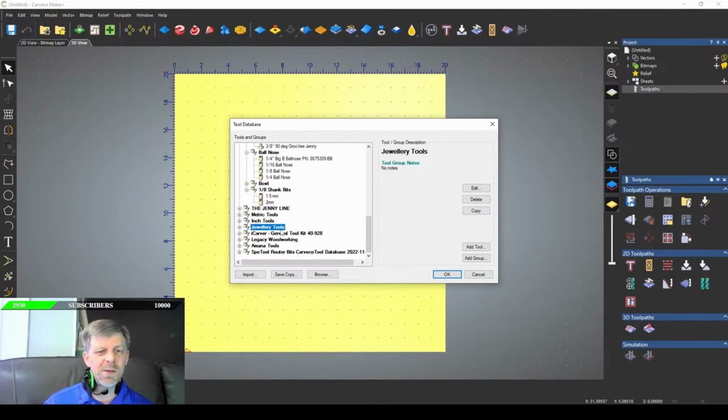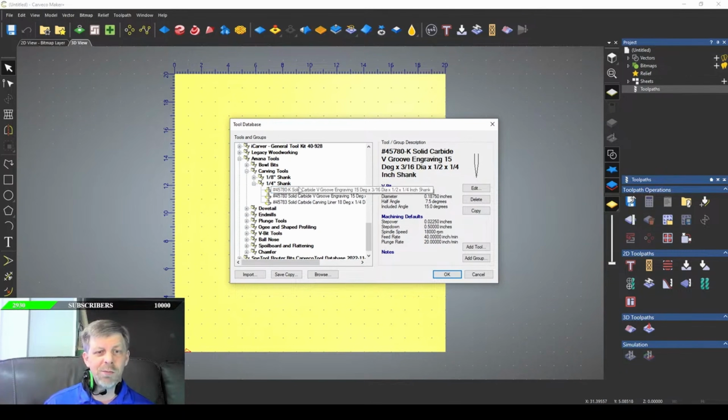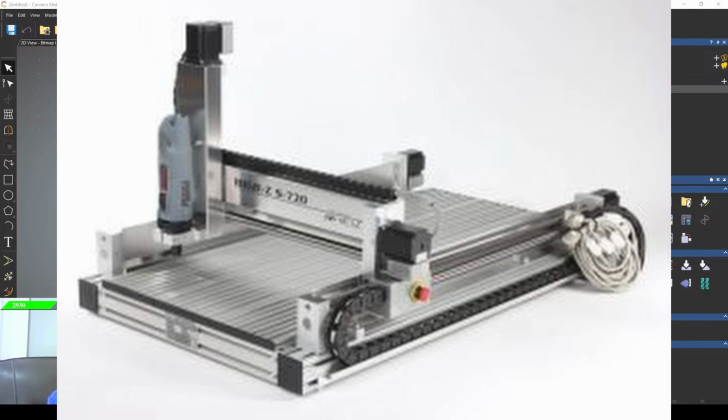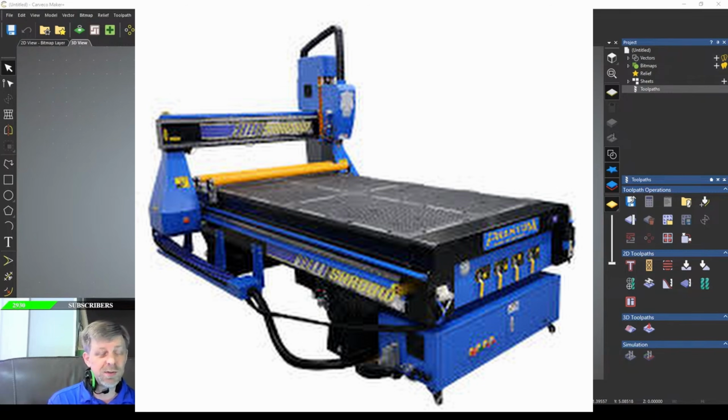Now, the thing that I want you to note is that all of the settings or bits in these different libraries are very generic settings. The reason these are generic is because they're not machine specific. If you think about this, a hobby style desktop CNC is not going to cut the same as a mid-range hobby CNC, which is also not going to cut the same as a small commercial CNC.